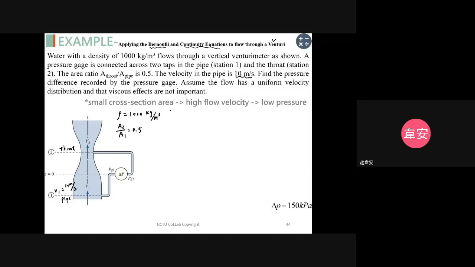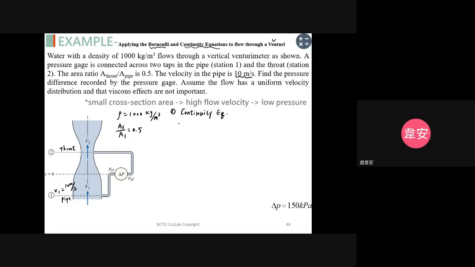First, if we follow the continuity equation, what we already know in this problem is a uniform flow.